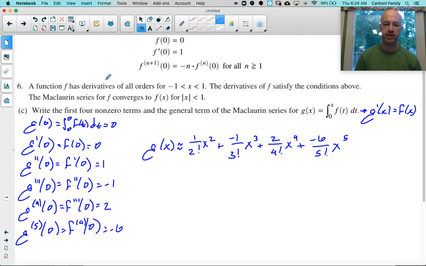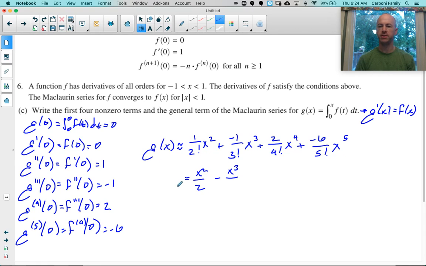And there is our function for g. And so now we want to come up with a general term. Let's see. So this thing, I'm going to clean this up. That's x squared over 2 plus minus x cubed over 3 factorial, and the general term.